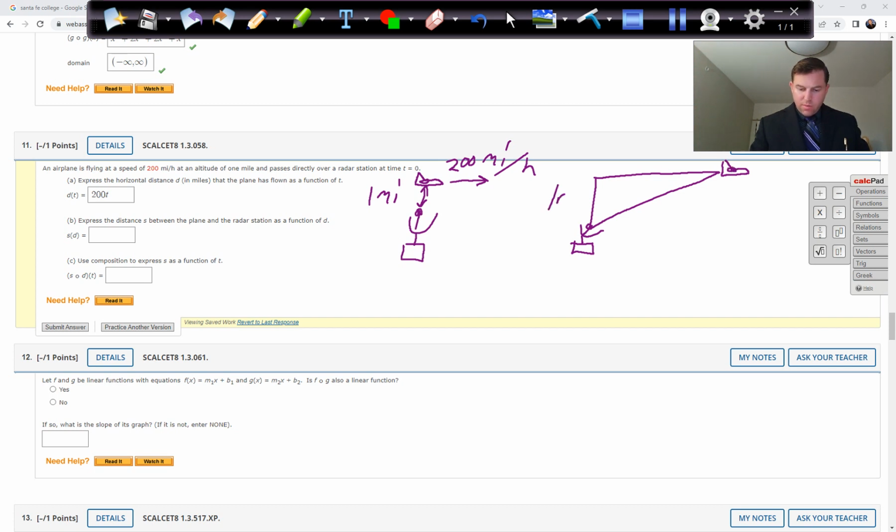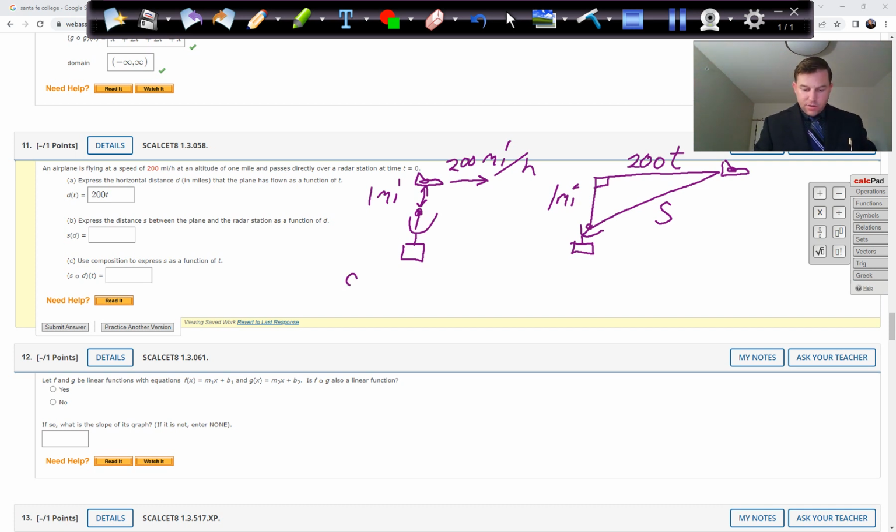This is always 1 mile. So that's interesting. That's going to stay the same. This is a right angle because it's flying perfectly horizontal. This is 200 times whatever time you have. Then they're using S for the hypotenuse of this triangle.